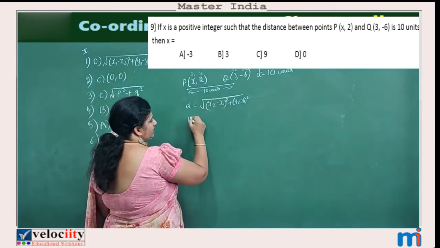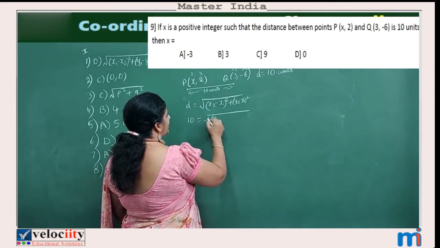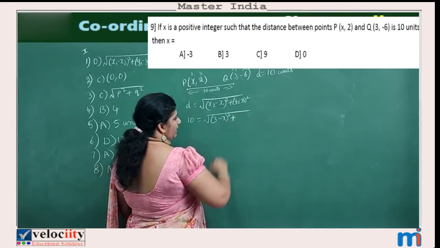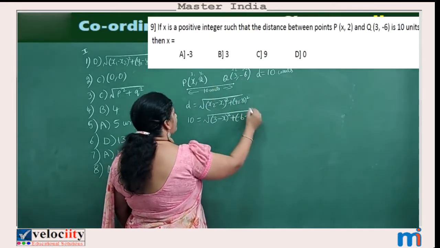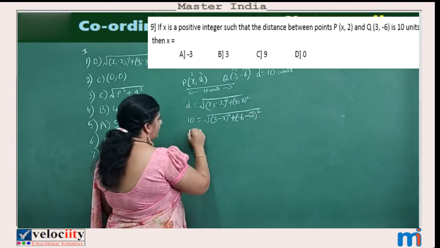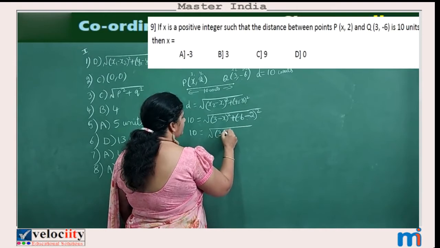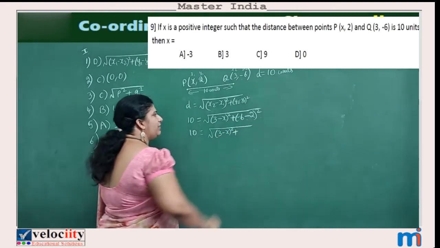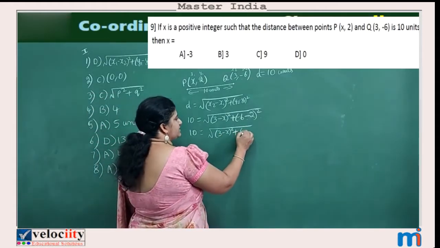D value is already given, it is 10. 10 is equal to square root of (x2 value is 3, x1 value is x) (3 minus x) whole square plus (y2 value is minus 6 minus y1 value is 2) (minus 6 minus 2) whole square. Minus 6 minus 2 will be minus 8. Minus 8 whole square will be 64.